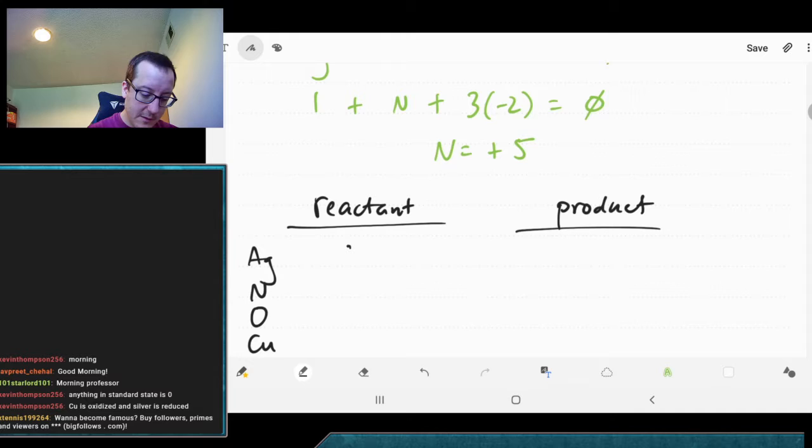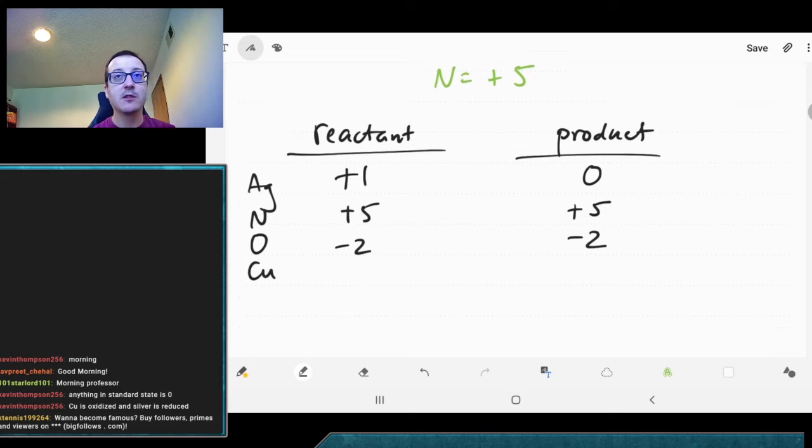We saw that we started with silver in the +1 oxidation state. It went down to 0. Nitrogen started +5, ended +5. Oxygen started -2, ended -2. We already have the span, that's lovely. And then we saw that copper went from 0 to +2.